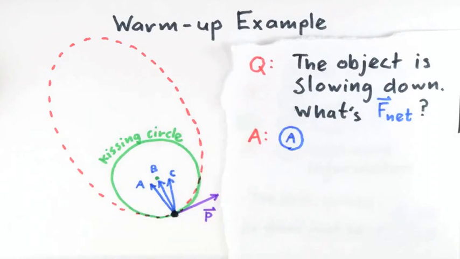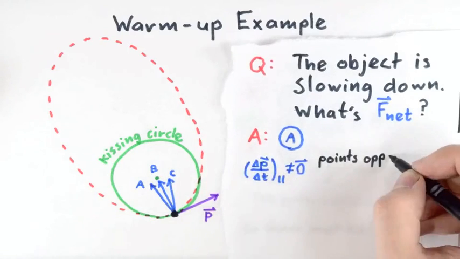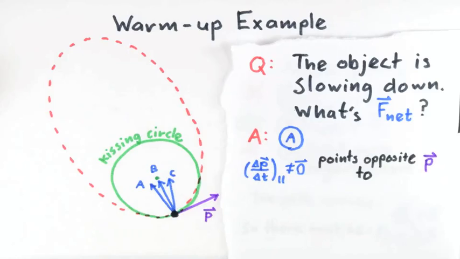To answer this, we first need to determine the direction of F net parallel here. Again, from the observation, here from delta p over delta t parallel, which, as we said earlier, points opposite to the direction of the object's motion if the object is slowing down. By Newton's second law, there must be a cause for this slowing down.